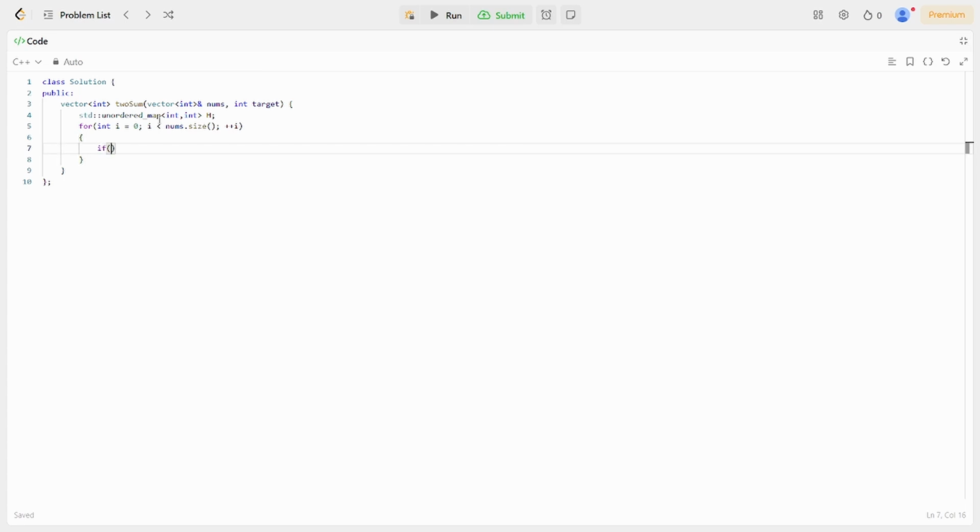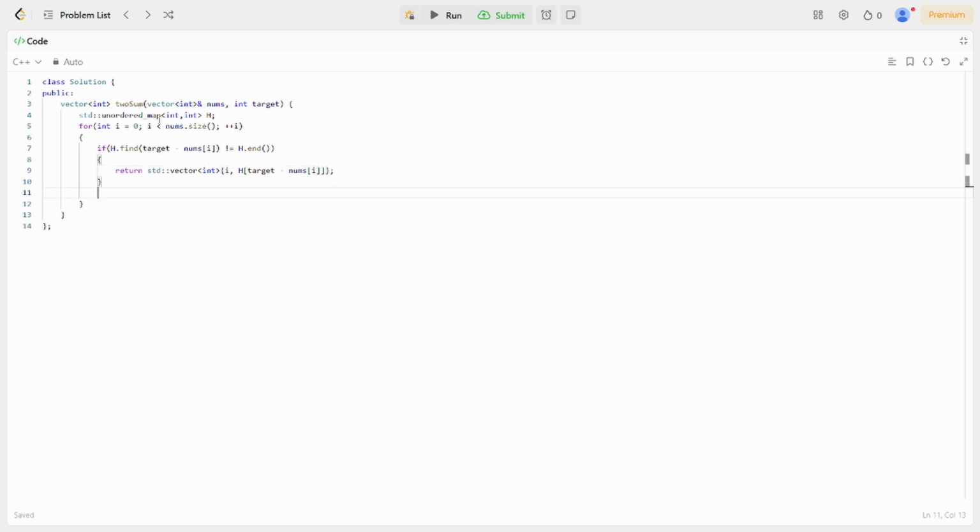So if h.find(target - nums[i]) is different from h.end(), this means that find won't return the final iterator, which is what find would return if there's no such key. But if there is one, I'm going to return a std::vector of integers of i and h of target minus nums[i].